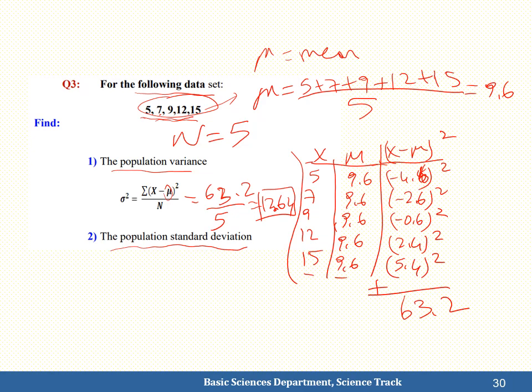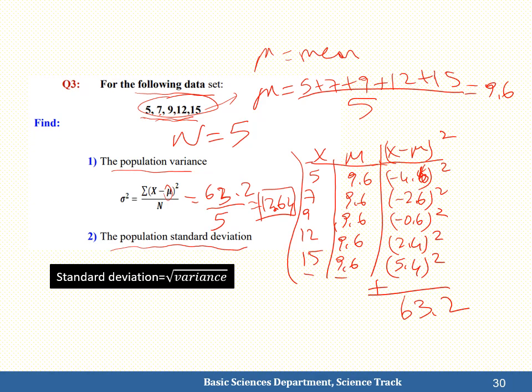Now, the population standard deviation is, we know, always equal to the square root of the variance, so the standard deviation will be equal to the square root of 12.64, which is approximately 3.55 or 56. Yeah.